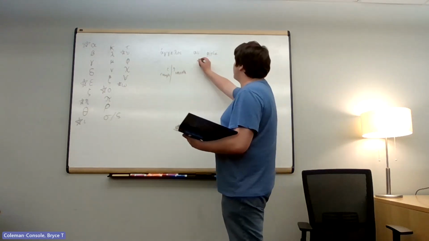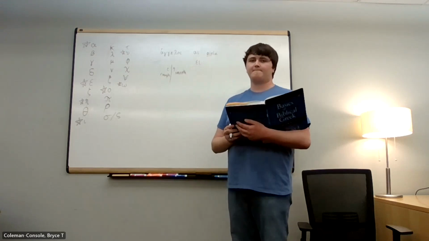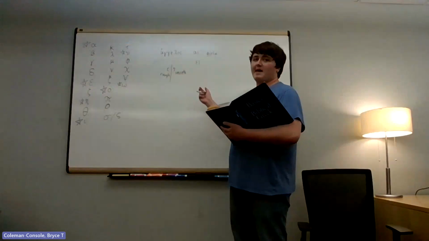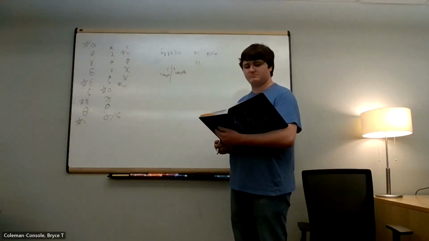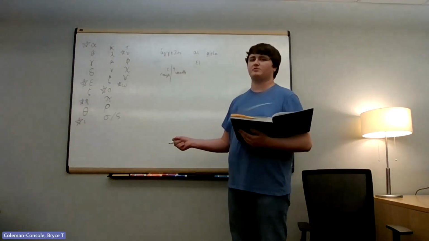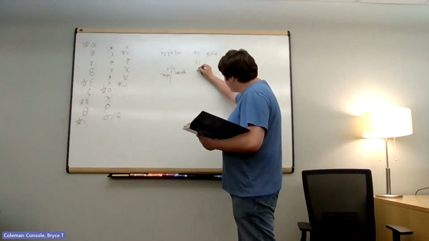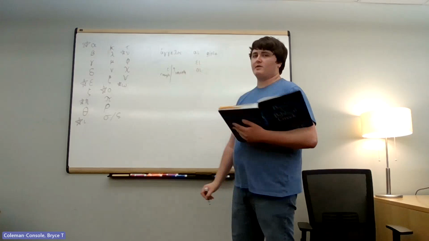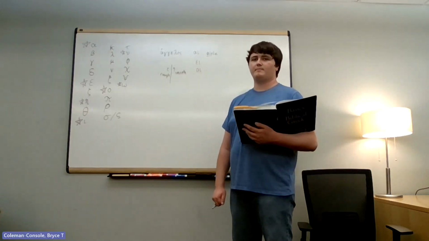Okay. Then we have epsilon iota, which makes A like an eight. Most of these will be pretty self-explanatory. I'm not going to lie. We should be fine. Omicron iota makes oi like in oil.